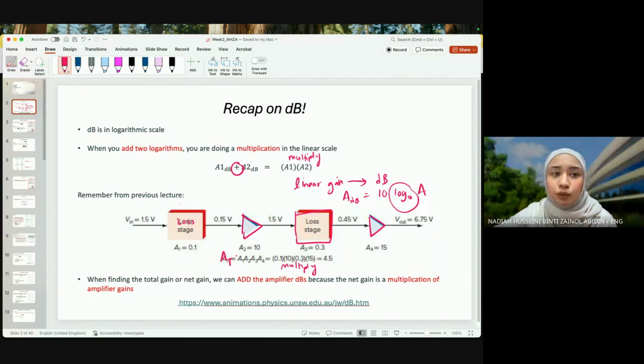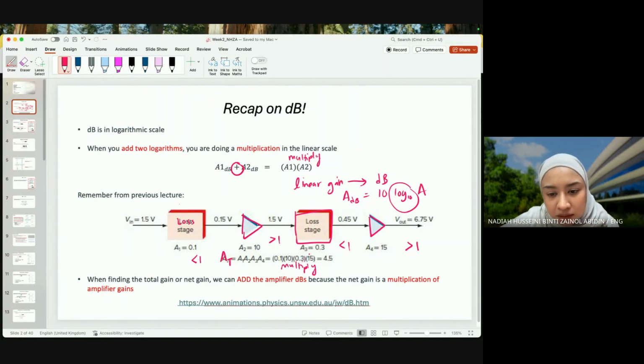At this point, we don't know if it's going to be a total gain or total attenuation, so it's just A subscript T. Here we have A1 as 0.1. Anything that is less than 1 is going to be attenuation. Anything that is greater than 1 is going to be gain. This is less than 1, this is attenuation, and this is greater than 1, therefore it is gain.